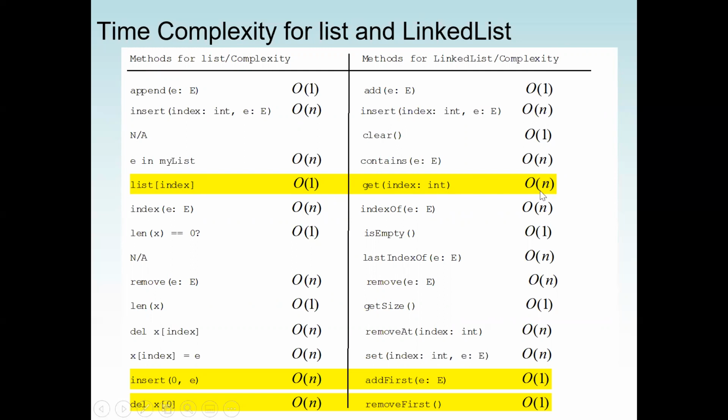Here n represents the number of nodes we have. The same thing applies to insert. Insert for list takes longer, depending on the size. But insert first, I just insert at the beginning. Remove first, I just remove, only one task.